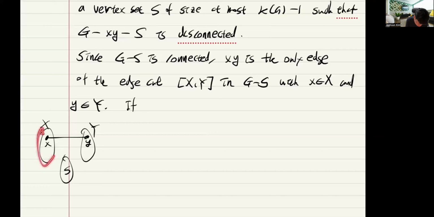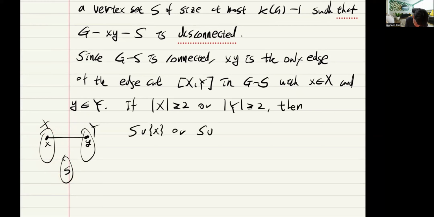If this is just x itself, then taking this does not give you a disconnect. So if X has size at least 2 or Y has size at least 2, then either S union with X or S union with Y separates G.